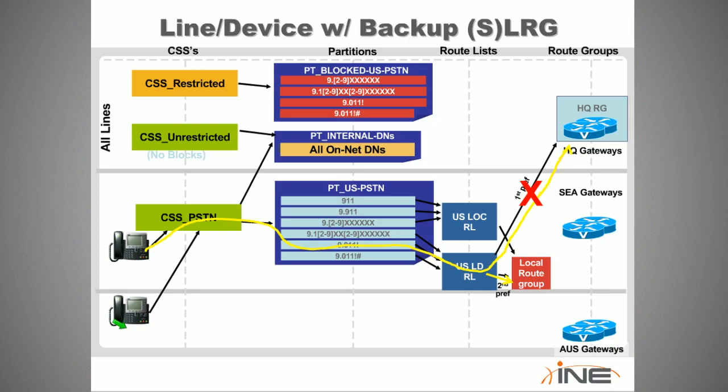So the pattern will be 2XXX in a partition for Seattle gateways calling, or ANI, only visible by the Seattle gateways' ANI CSS, and then we will only ever match people that leave Seattle but come from Austin, and will manipulate their calling party number in a very specific way.